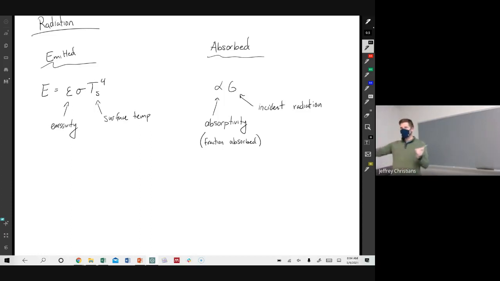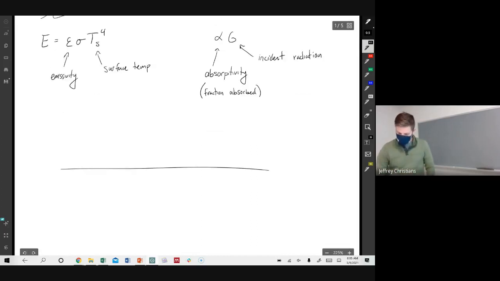The radiation that's absorbed is always a little bit weird to handle because you don't necessarily know where it's coming from. It could be coming from a surface that's emitting light because it's at a specific temperature, or it could be coming from the sun, which technically is the same thing, but it's far away, so it's easier to treat it as a set amount of light coming in. So the G value could be something else, and usually you're talking about the total light that's hitting the surface.